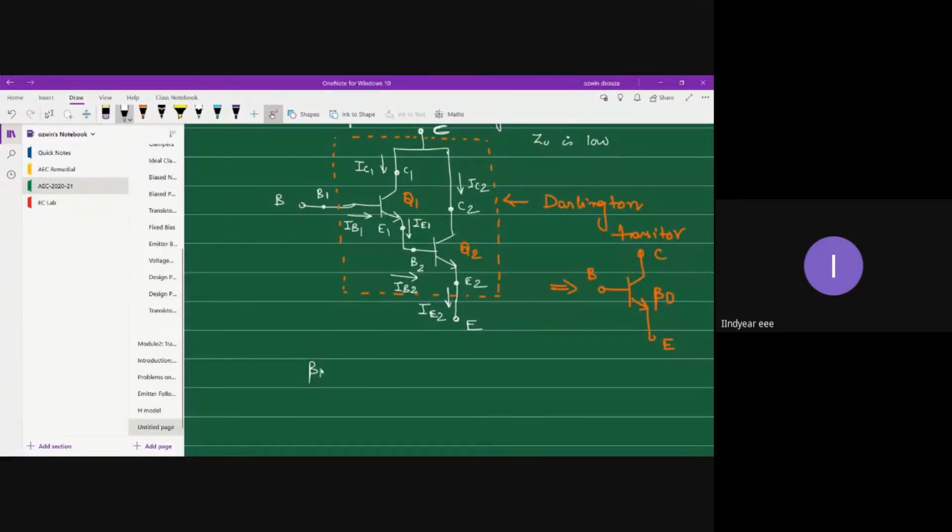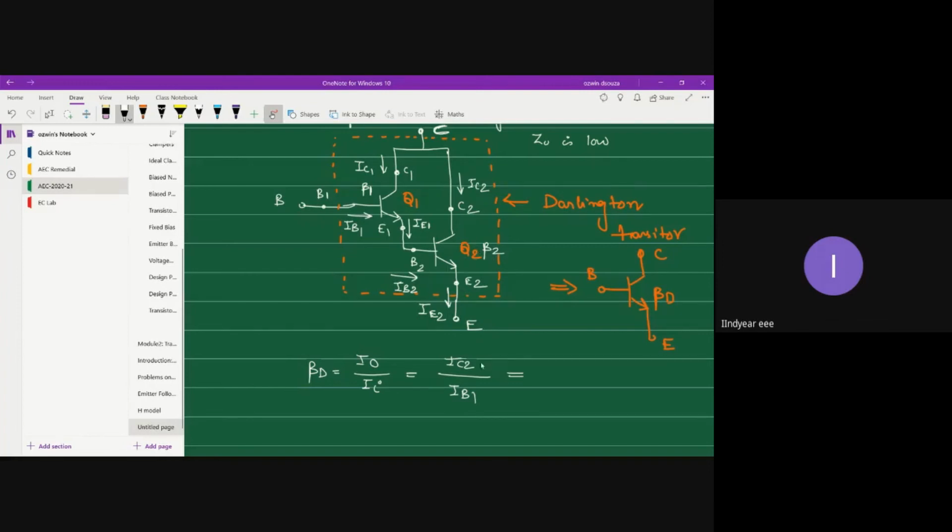Next, let us define beta D. Beta D is nothing but output current to input current, right? The current gain expression is always output current to input current. With respect to our transistor, output current is your second transistor collector current, that is IC2, divided by the input current, which is your first transistor base current, IB1. So it is basically IC2 divided by IB1. Now let us also mark the current gains. For the first transistor, let's take beta 1 as the current gain, and for the second transistor, beta 2.